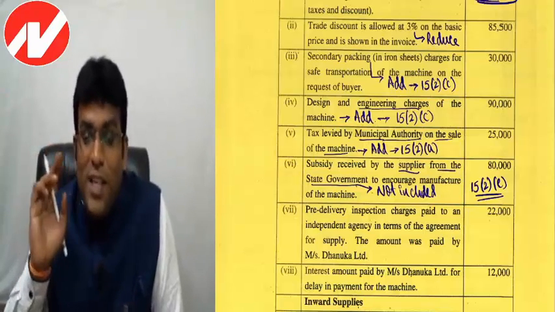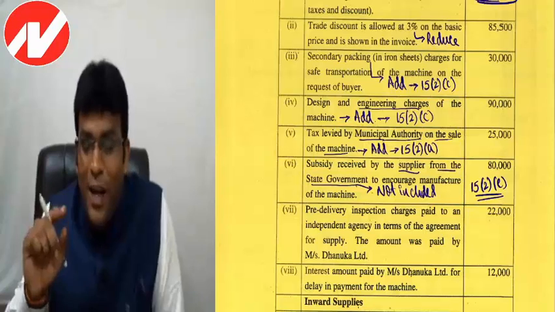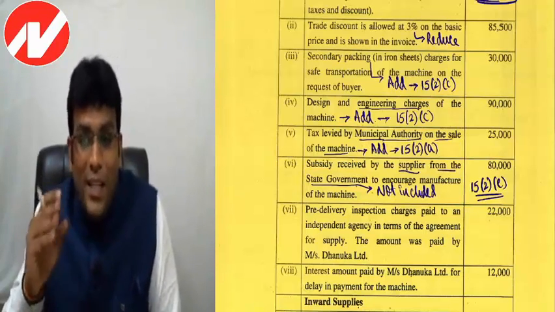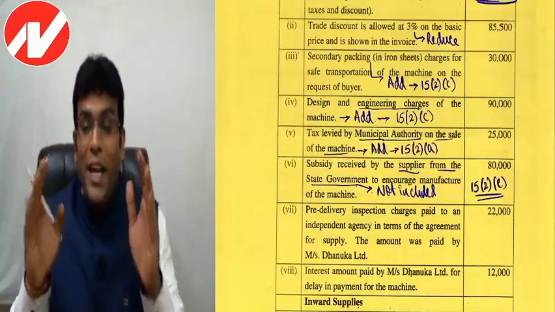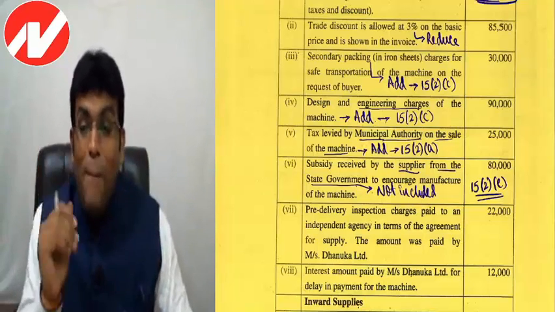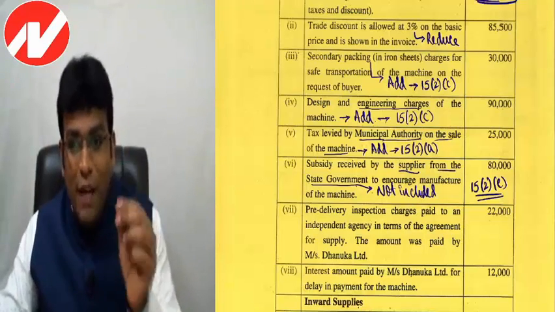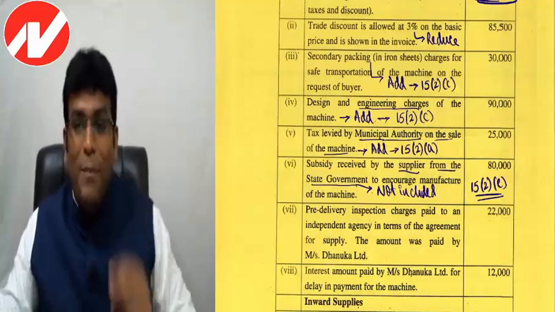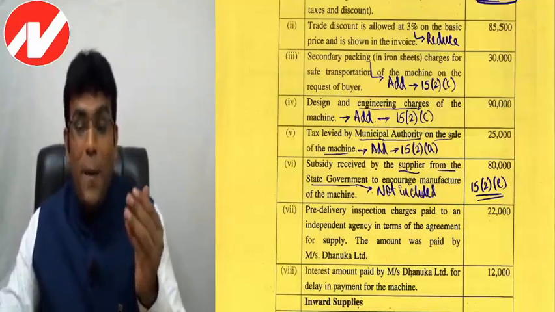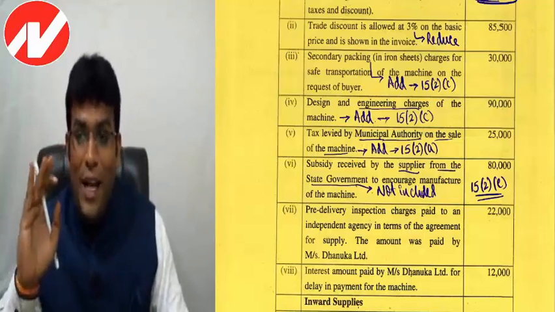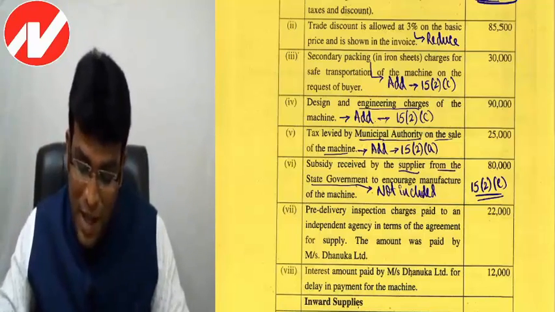So if subsidy is coming from central government or state government, we will not include that in the value of supply. But if subsidy is coming from other than central government or state government, we will definitely include it in the value of supply. But in this particular point, subsidy is coming from state government, so we will not include that in the value of supply. Good.